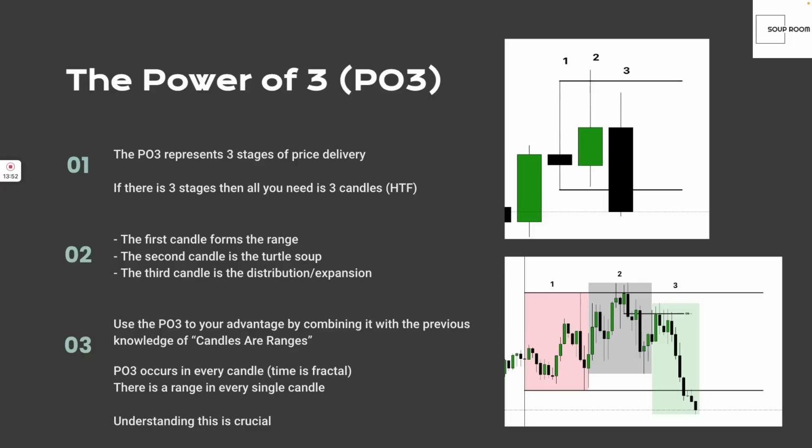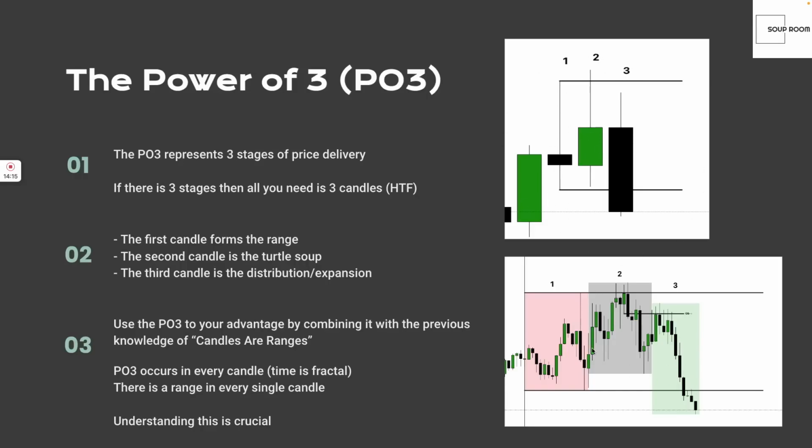Understanding this is crucial to your success in trading. Focus here for a second. This image right above with the 3 candles is the higher time frame. The image below is the lower time frame.